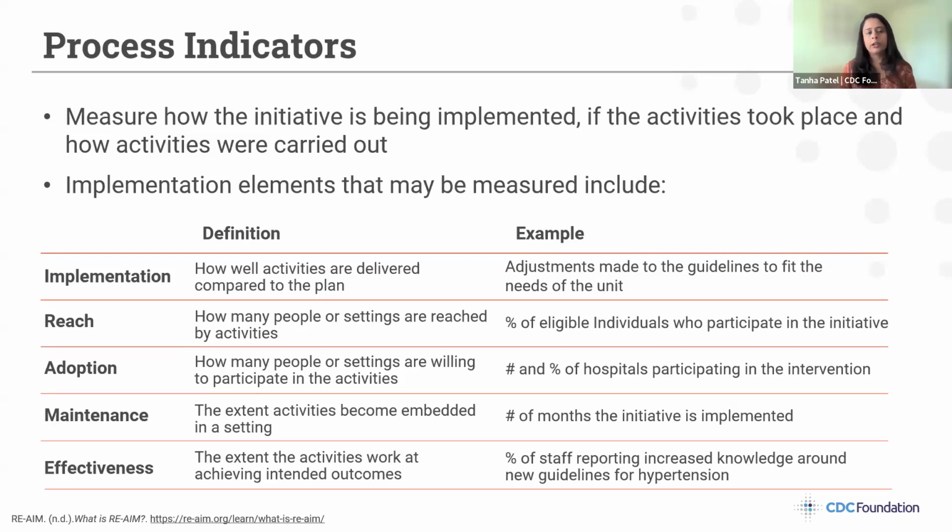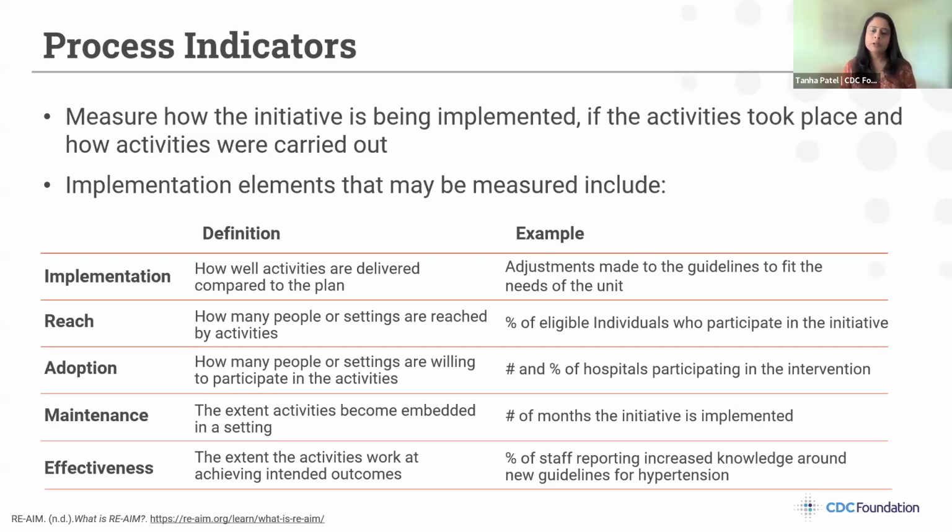Maintenance, on the other hand, is the extent to which activities become embedded in a setting. An example being number of months the initiative is implemented, number of months the initiative stays on after it's been implemented. And effectiveness measures the extent to which activities work at achieving intended outcomes.